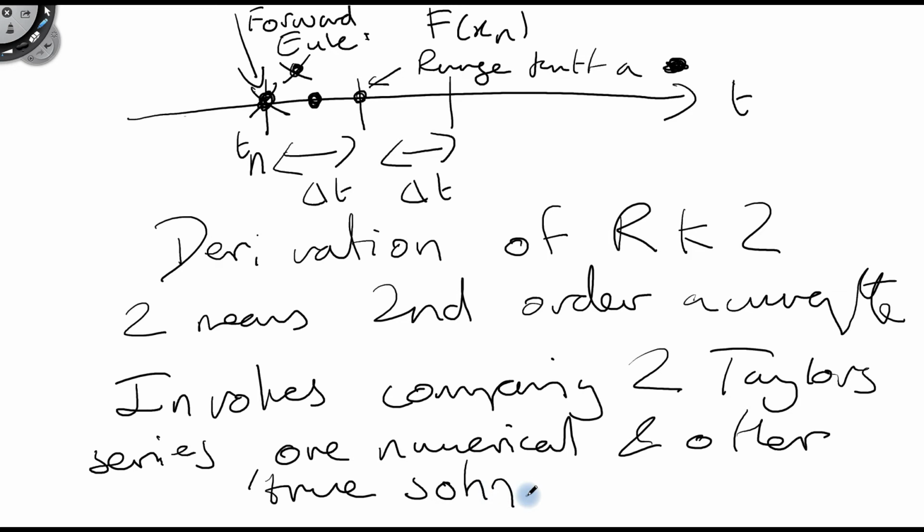So we have the true solution, we're going to compare it, and thus we're going to derive this method. So it's coming back to our Taylor series again. I told you Taylor series was important. It comes up in many different places in numerical methods. So it's a really important concept to come across.